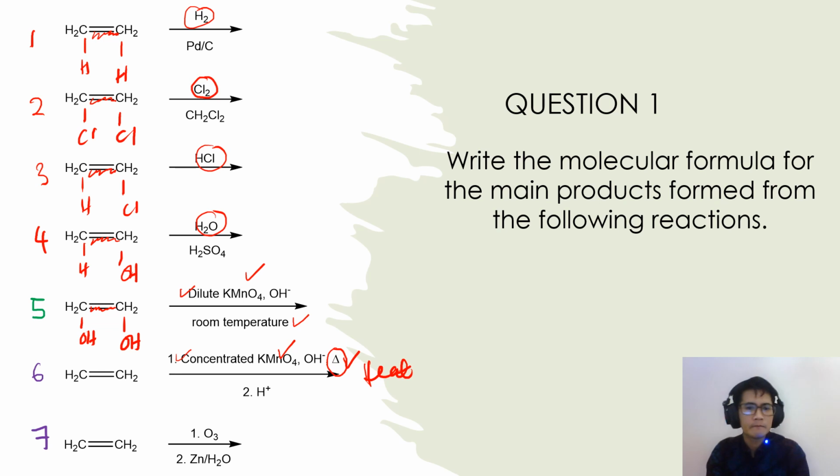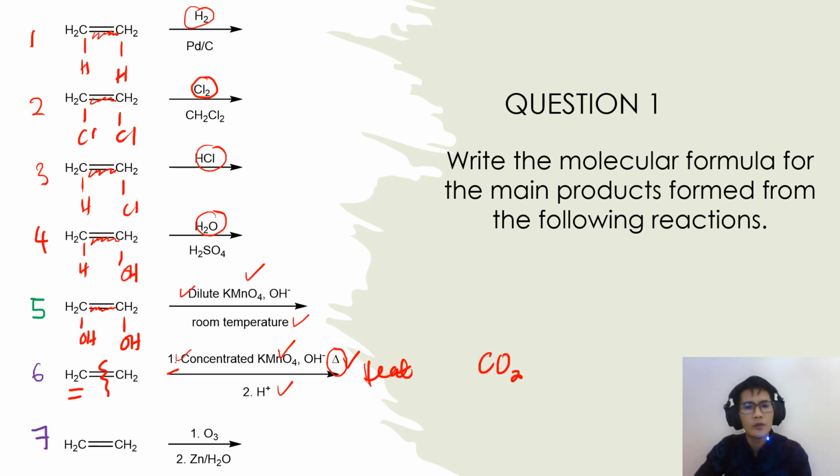Since we undergo this in basic conditions, for the end product we acidify. So there are 2 steps: the first to break the bond, and the second step to acidify the product. In this case, you break this bond, and the CH2 will form CO2.